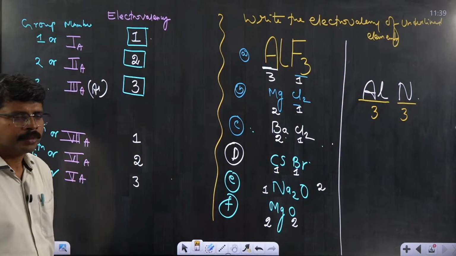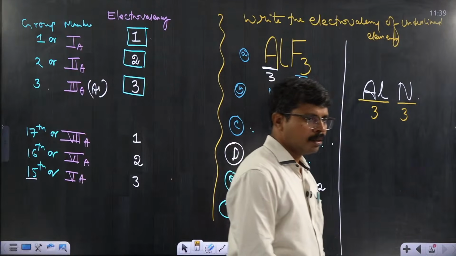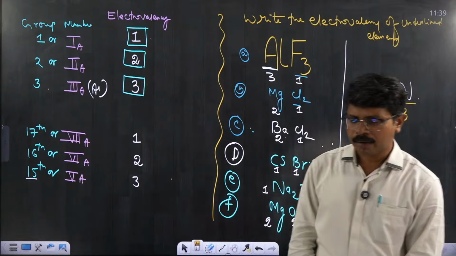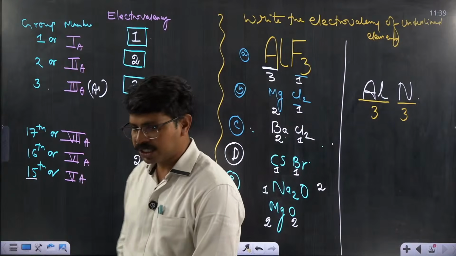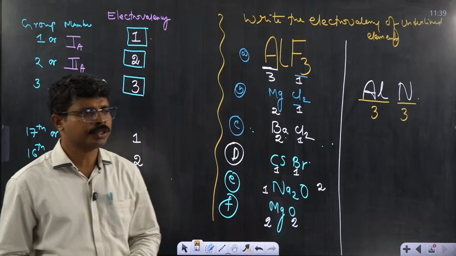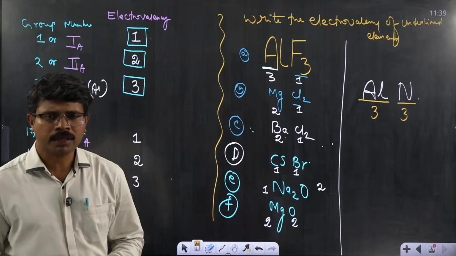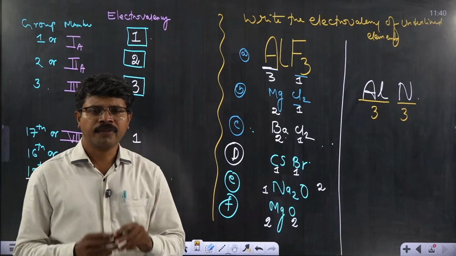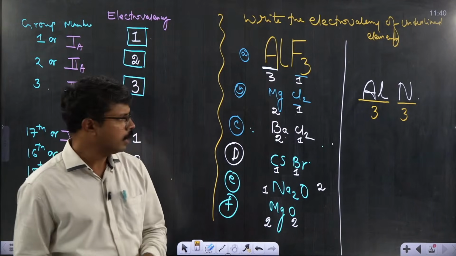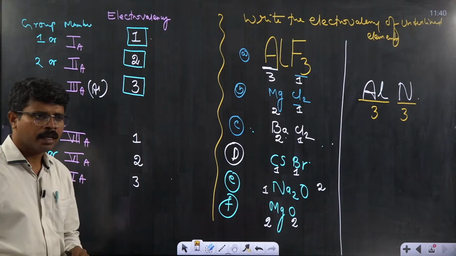Fine? Good. So with this we have completed ionic bond. Under ionic bond I have mainly given the definition, and I have given information about the electrovalency, and we discussed the crystal lattice, and we discussed the identification of electrovalency of given ionic compounds.